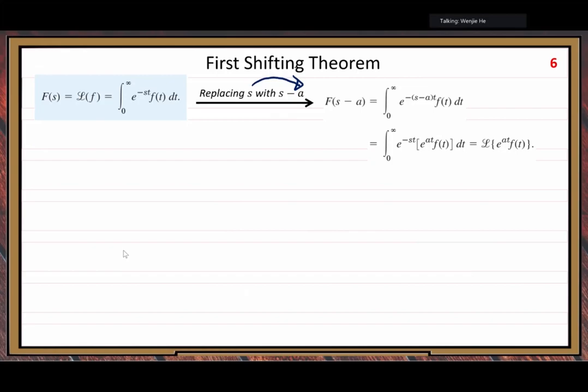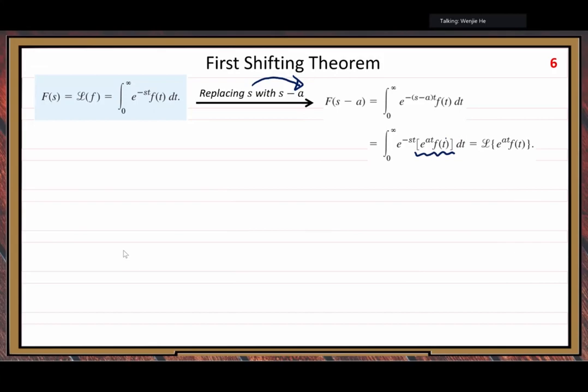You can treat e to the at times little f as a new function. If you compare with the definition, you just get the Laplace transform of this new function, e to the at times little f. So you get the first shifting theorem. This formula is called the first shifting theorem.